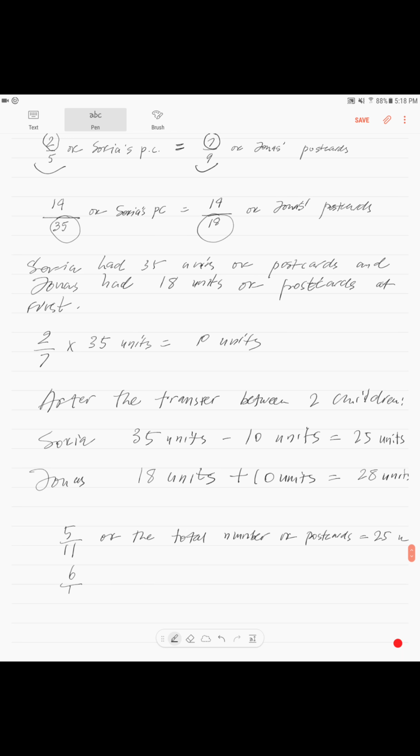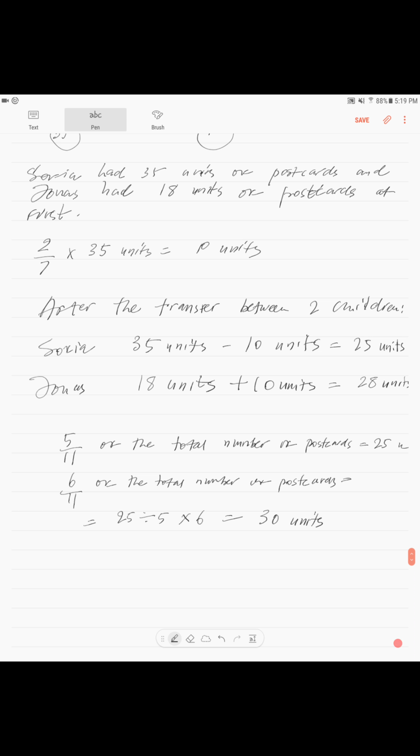And then 6/11 of the total number of postcards is what? 6/11. We calculate. If 5/11 is 25, then we need to divide 25, well, I don't want to cram it here, so let's put it here. 25 divided by 5, right? And times 6. And it's gonna be 30 units.